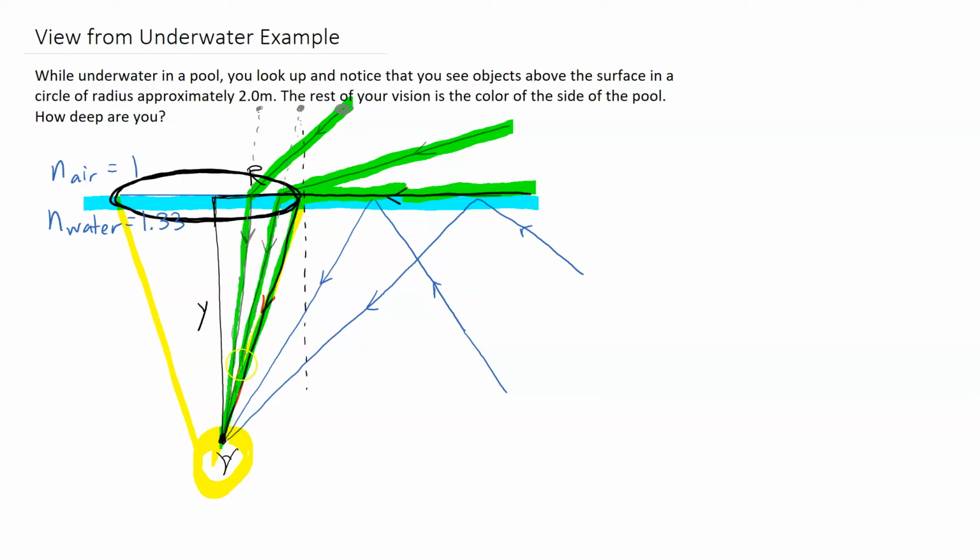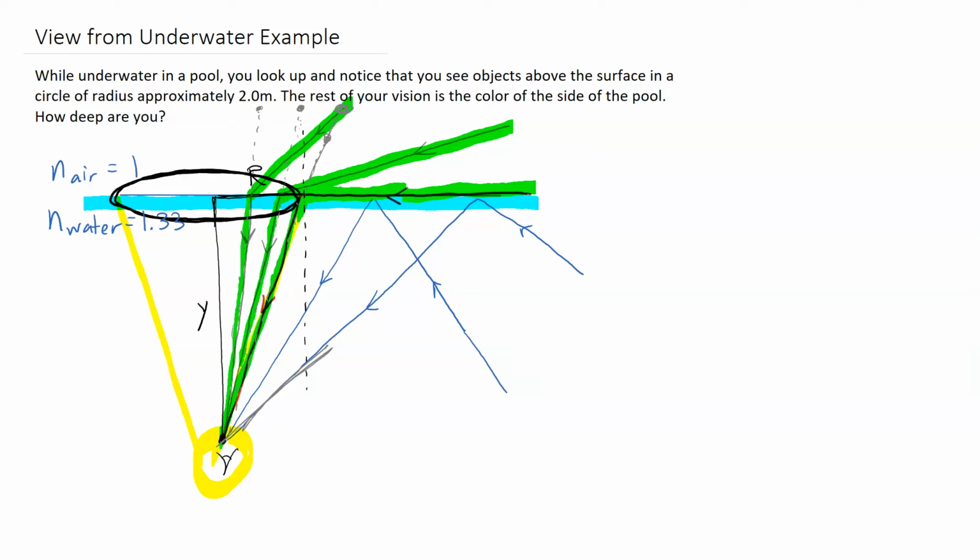When it goes down here, that light ray is the last one that you are going to see, because another light ray can't come from the surface. If you trace that one back, that shore looks like it's coming from somewhere on this line. It doesn't look like it's coming from the shore. You're not looking way over here to see it. You're looking straight up at the edge of your circle of vision.